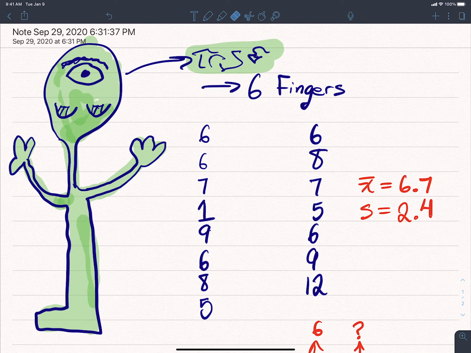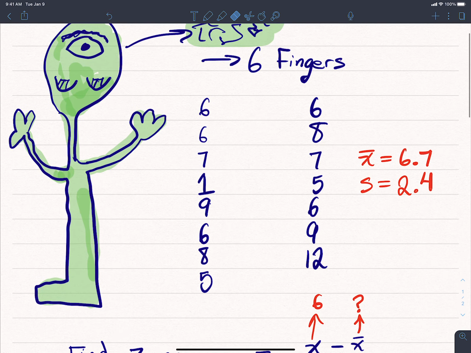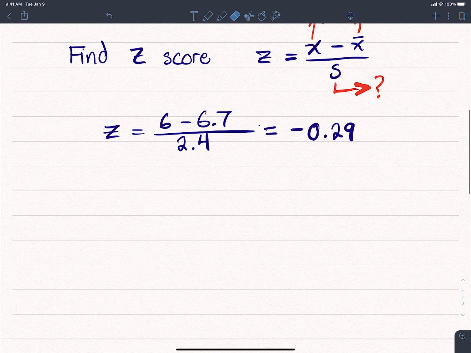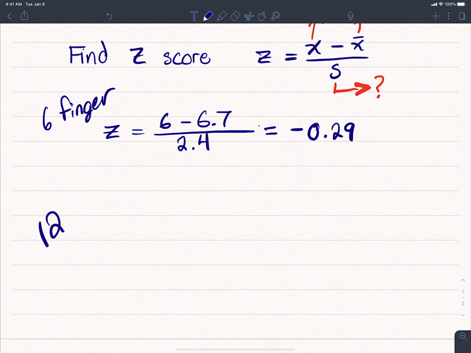Which alien would we investigate? One with 12. Okay, let's investigate the one with 12 fingers. Let's find that alien's Z-score. So this was our 6-finger alien. Let's investigate our 12-finger alien.